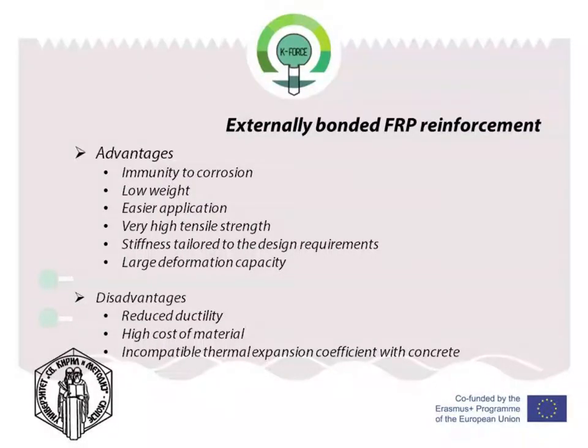Composites have disadvantages such as linear elastic behavior to failure without any significant yielding or plastic deformation, which leads to reduced ductility, high cost of the material, and incompatible thermal expansion coefficient with concrete.